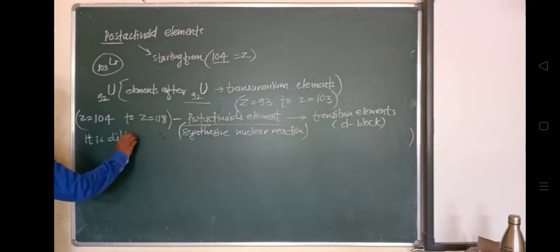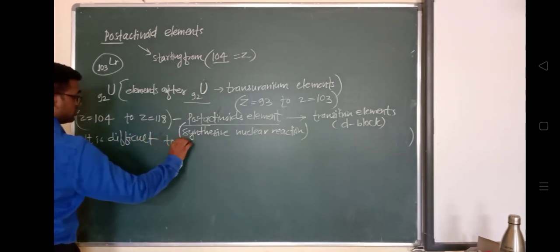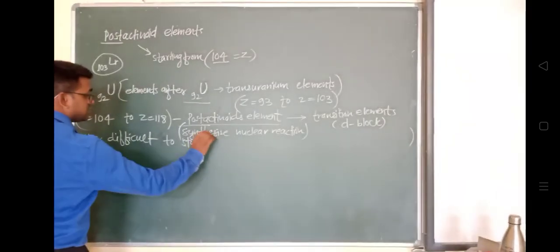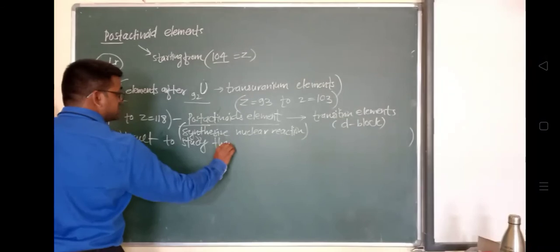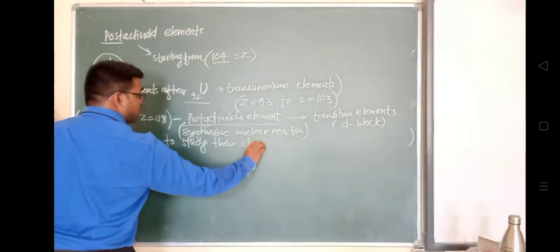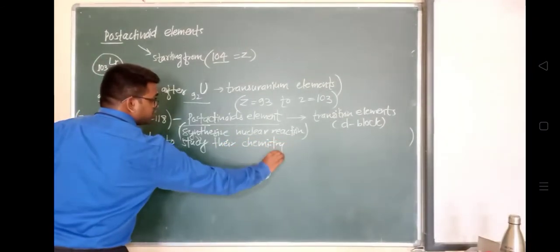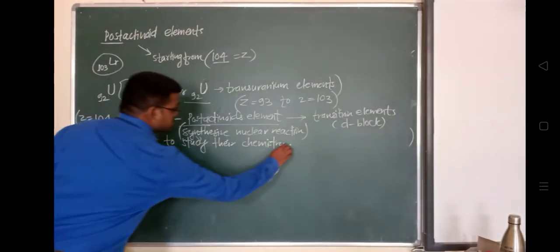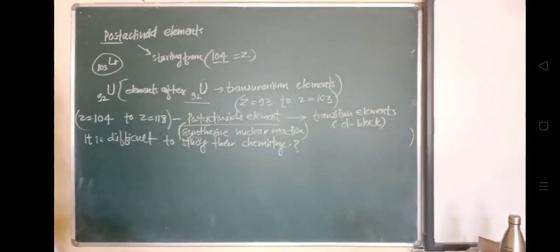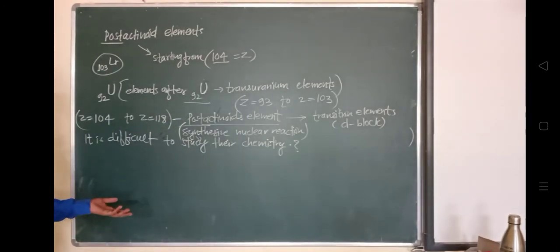For example, element 112. This element with atomic number 112 has a half-life of around 2.8 into 10 raised to minus 4.